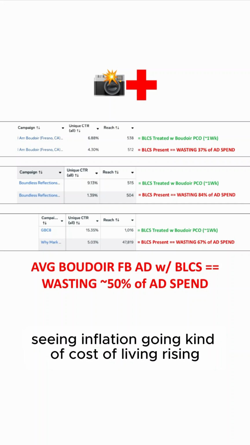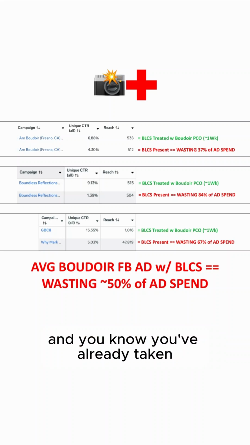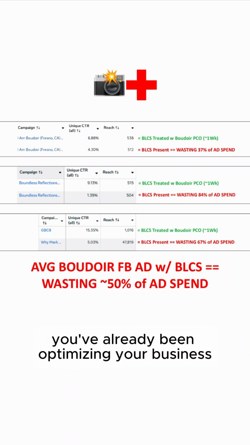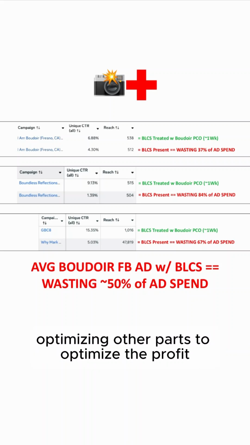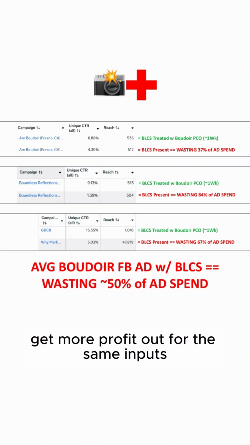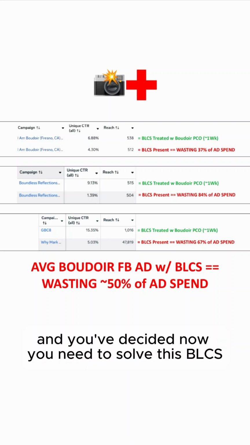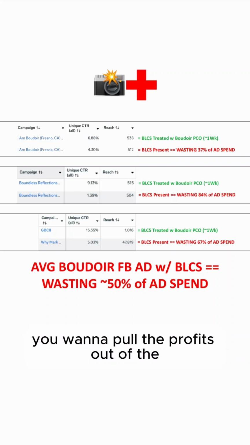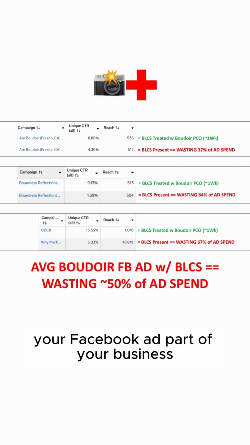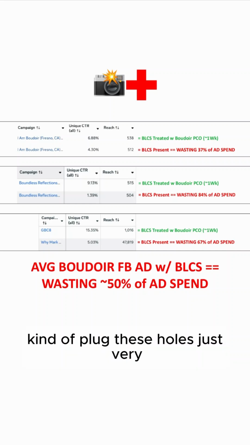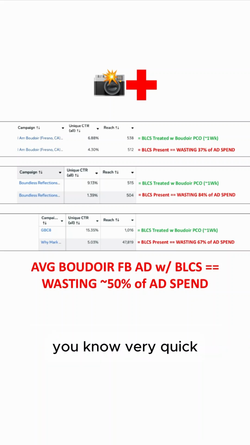And you're also seeing inflation, the cost of living rising, and you've already been optimizing your business, taking profit, optimizing other parts to get more profit out for the same inputs, and you've decided now you need to solve this BLCS, Boudoir low click syndrome. You want to pull the profits out of your Facebook ad part of your business, plug these holes, which is very quick, takes only about a week.